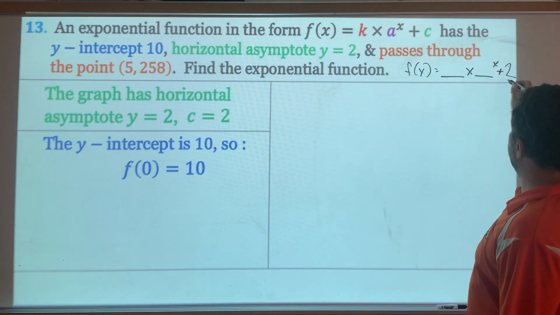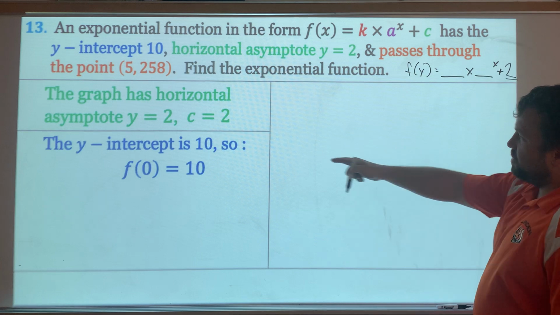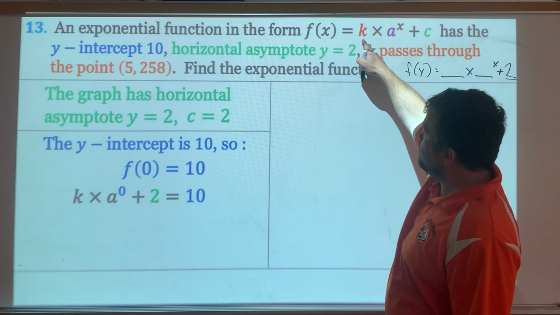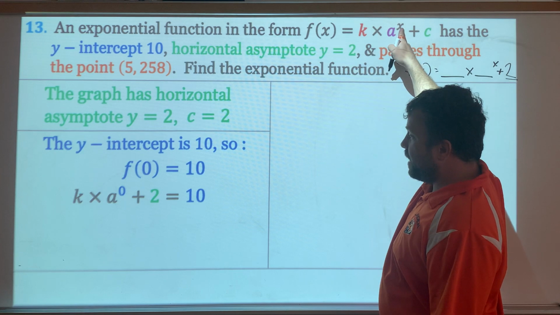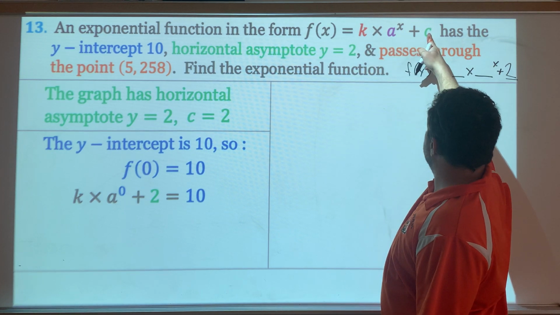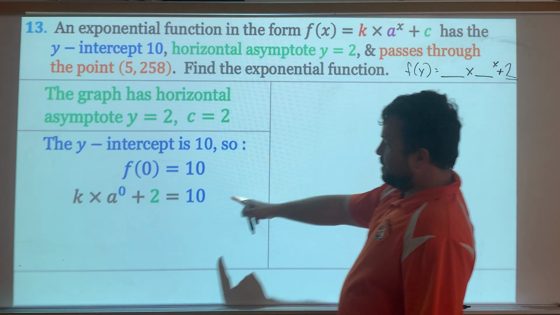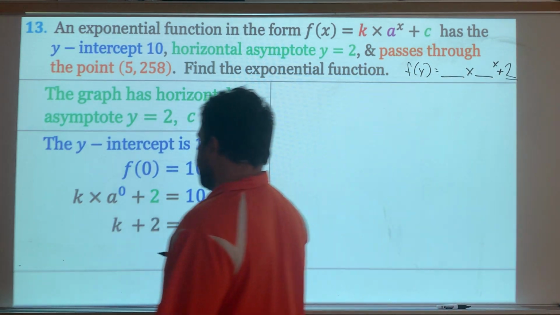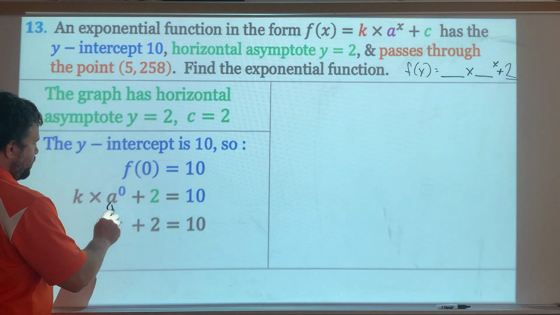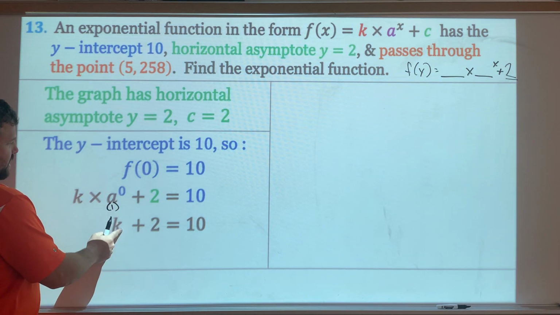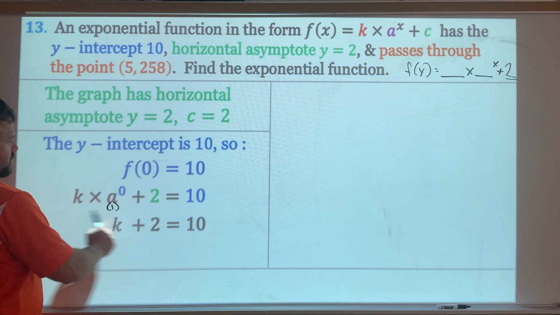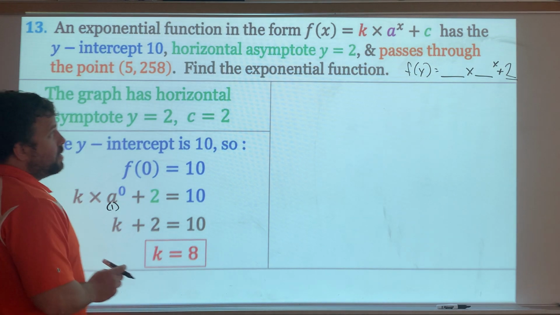So we got one of the 3. So k times a to the 0 power plus 2 equals 10. Subtract 2 from both sides. k times a to the 0. Well, a to the 0 is the same as what? 1, right? So k times 1 is k, plus 2 equals 10. Subtract 2 from both sides, and k equals 8. Look at that.